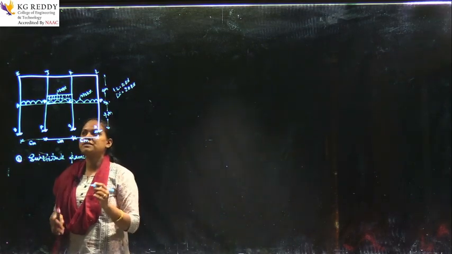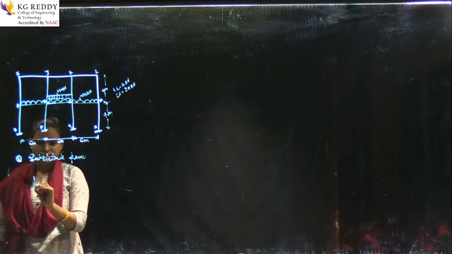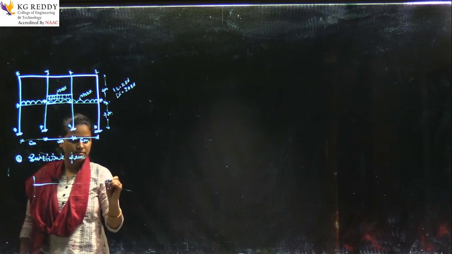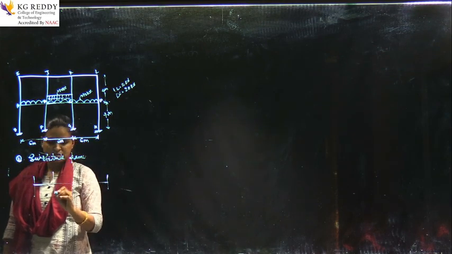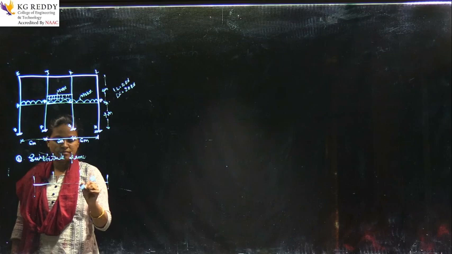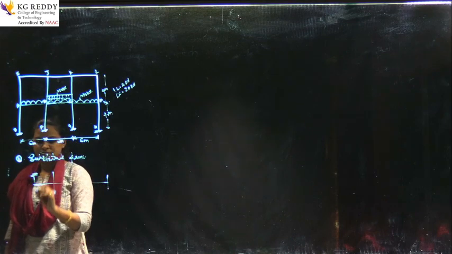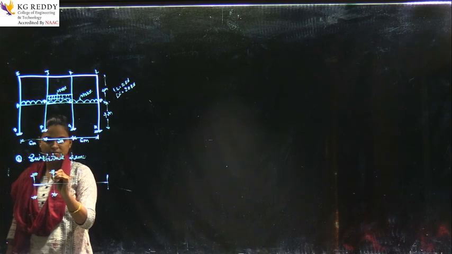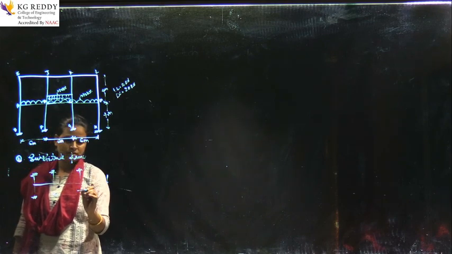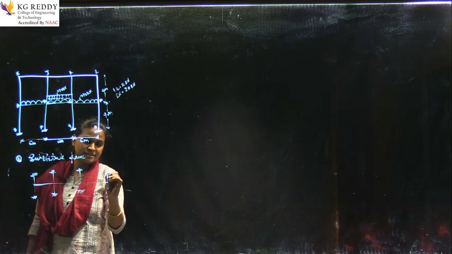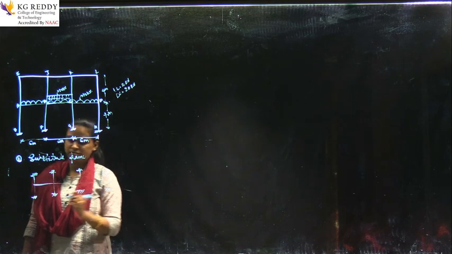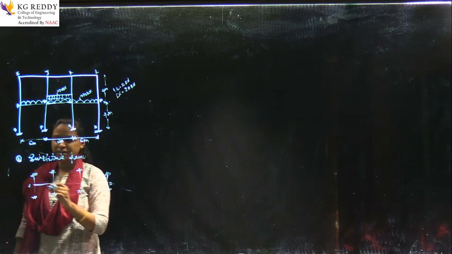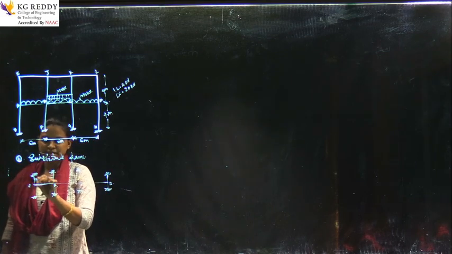Now, your first main frame will be the ABCD frame. So, let us assume these as fixed ends. And next, add loading to it. So, this is the main substitute frame, okay.